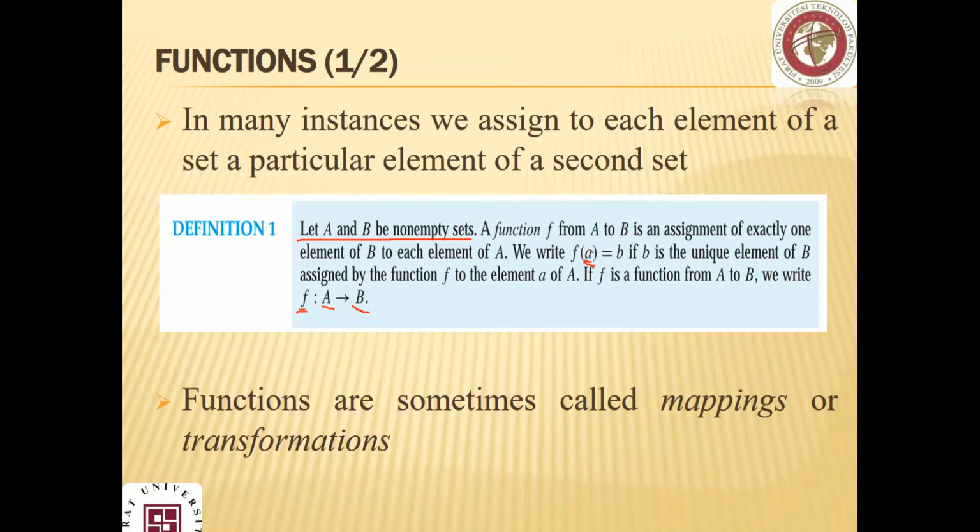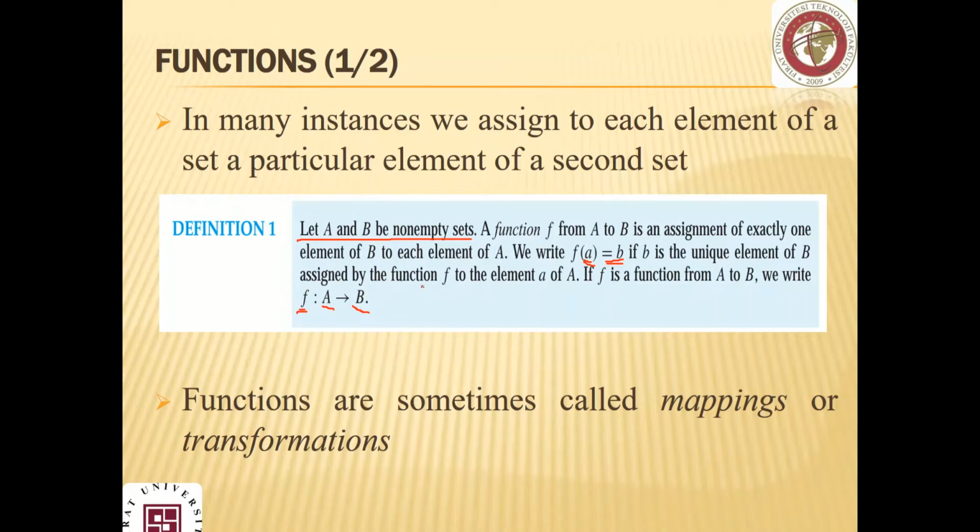Lowercase a is an element of the set capital A, and b refers to an element of the set capital B. b is the unique element of B assigned by the function f to the element a of A. So if f is a function from A to B, we write f: A → B. That means a function from A to B.